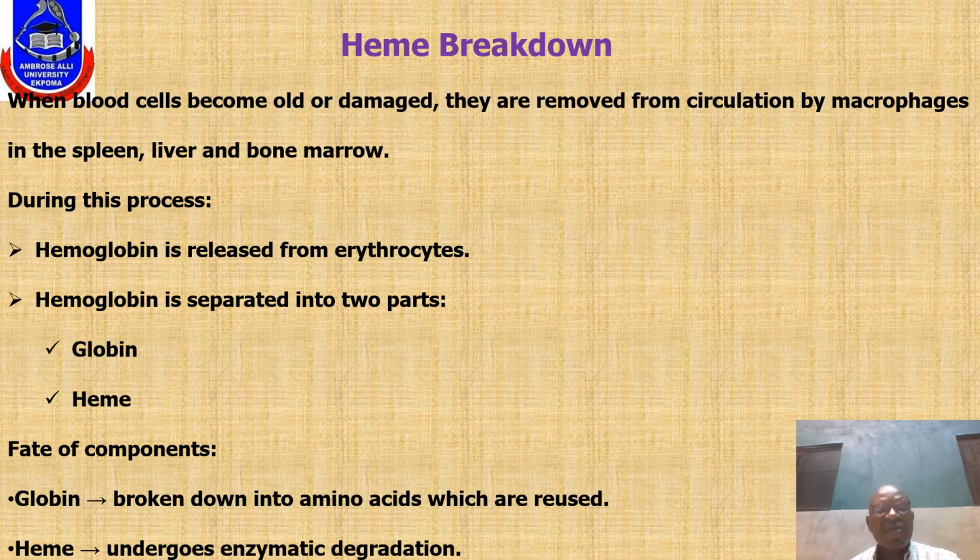During this process, heme is released from erythrocytes. Now, the hemoglobin released from the erythrocytes or the red blood cells is separated into two parts, which are heme and globin. Now, the globin is further broken down to amino acids, which are reused by the body, while heme undergoes enzymatic degradation.